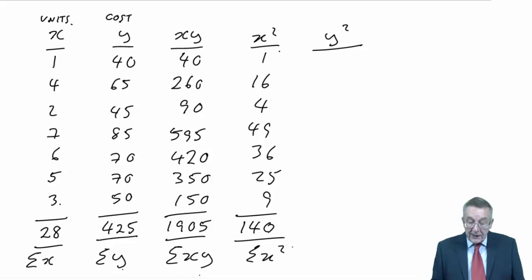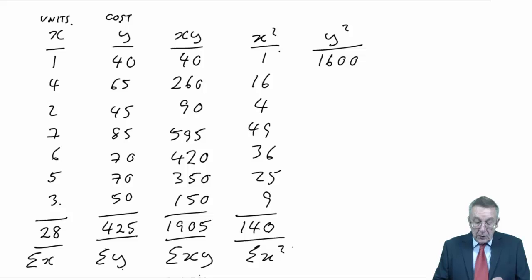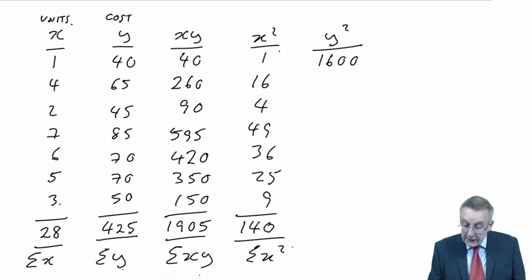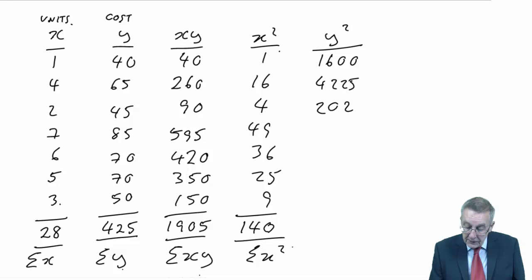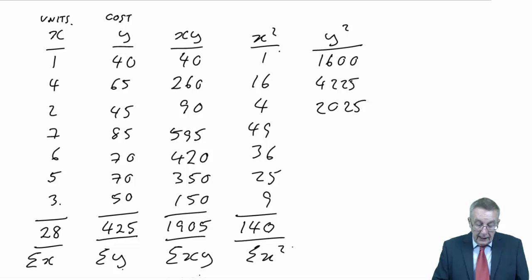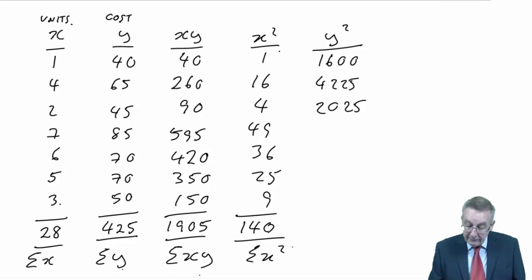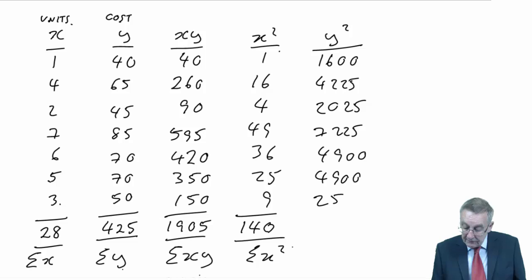Y squared: 40 squared is 1600, 65 squared is 4225, 45 squared 2025, 85 squared 7225, 70 squared 4900, 50 squared 2500.